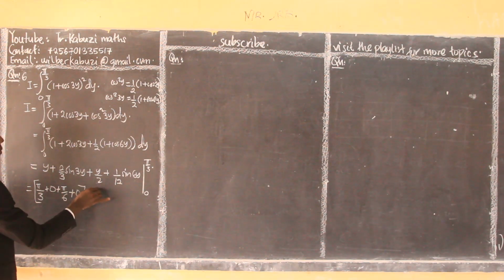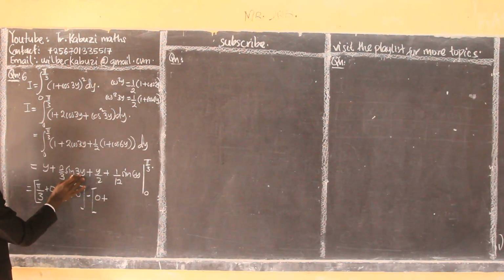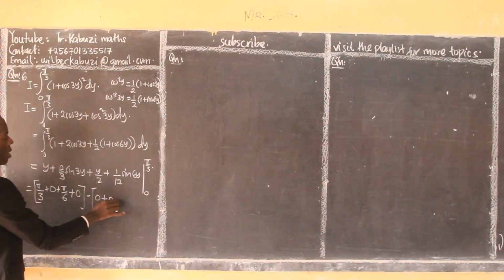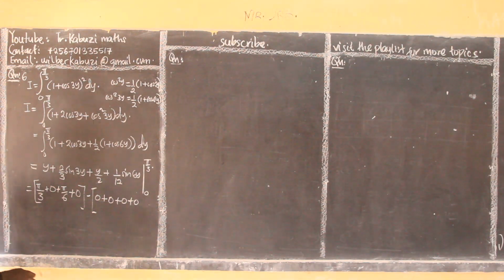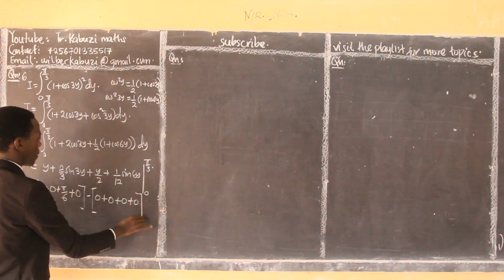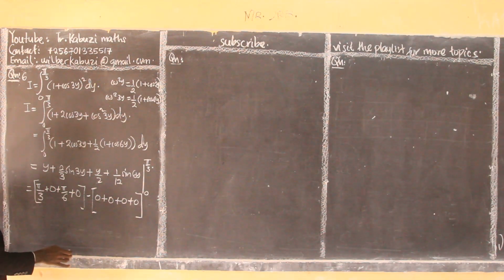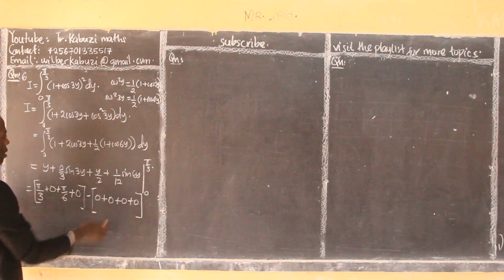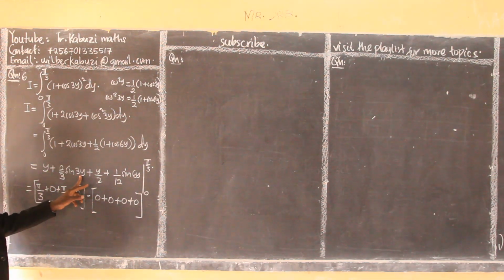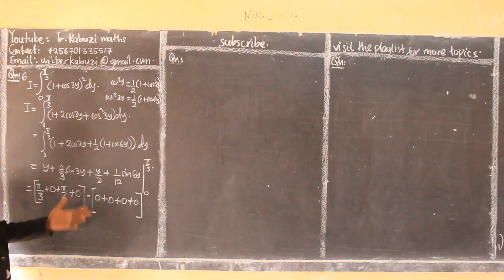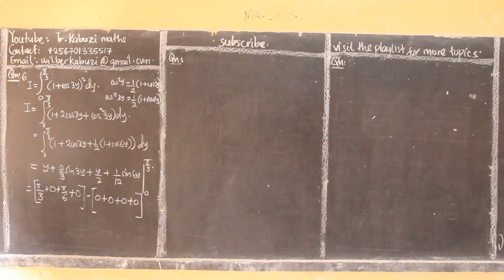Then I subtract the lower limit, which will be 0 plus sine of 0 is 0, plus 0, plus 0 there. Sine of 0 is 0, pi over 6, everything there seems to be okay.